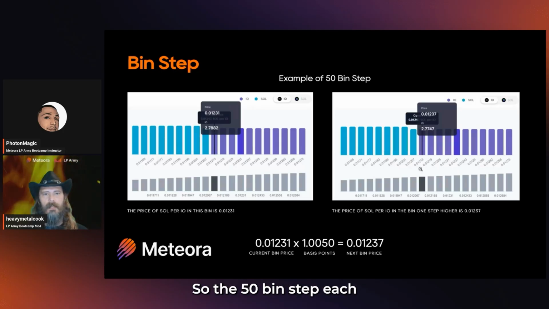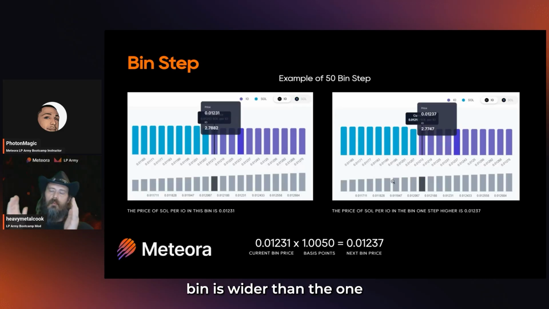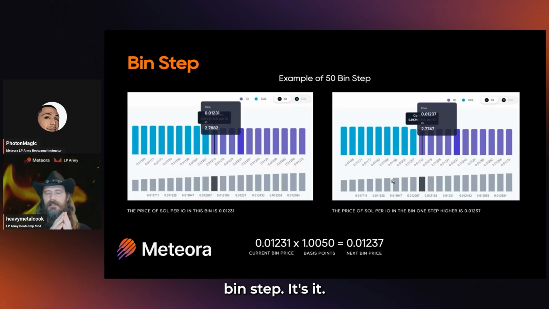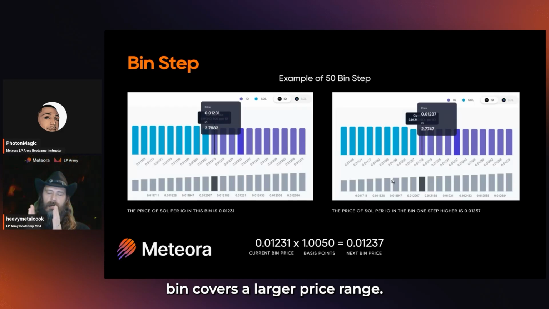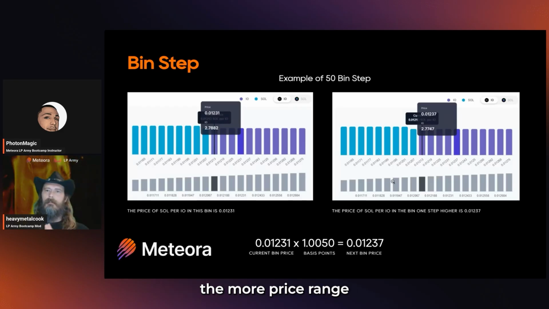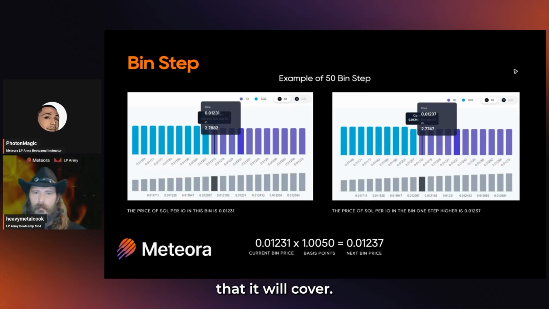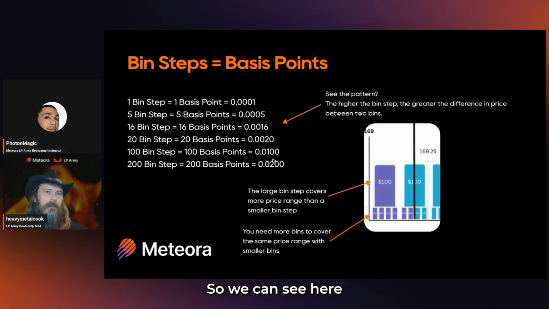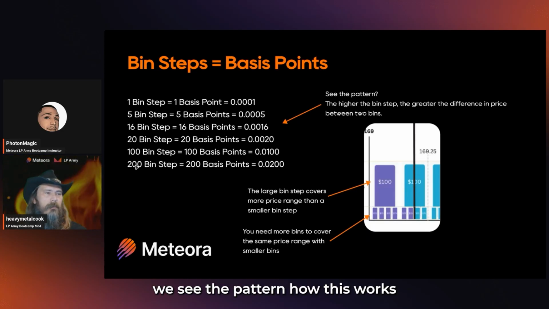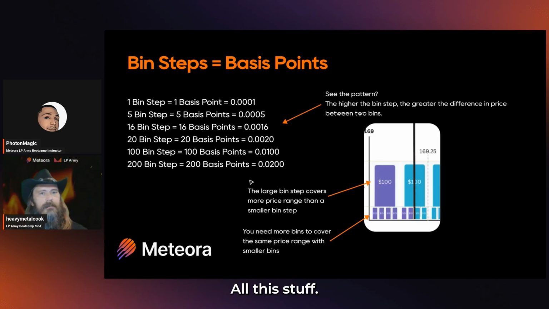So with the basis points, the 50 bin step, each bin is wider than the one bin step. That single bin covers a larger price range. The larger the bin step, the more price range it will cover. So you see the pattern, how this works, 100 bin steps, all this stuff.